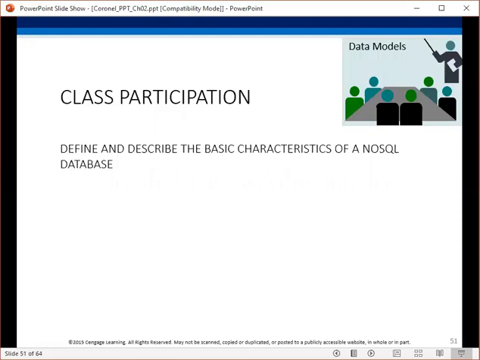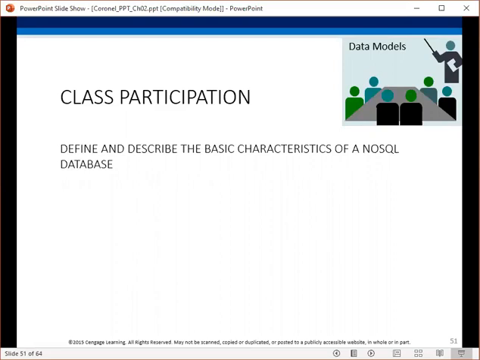Okay, so let's define and describe the basic characteristics of a NoSQL database. Well, NoSQL databases are geared towards performance rather than transaction consistency. So it's not based on the tabular relational model and its principle of immediate consistency. NoSQL databases are generally based on a variation of some sort of key value data model.